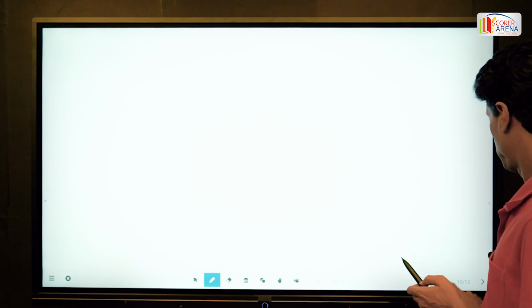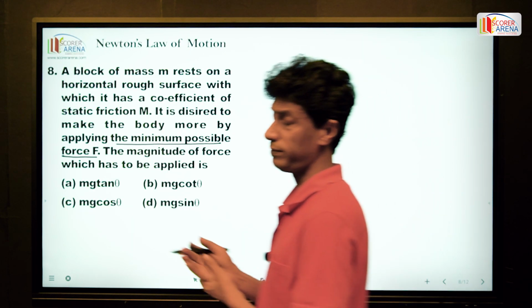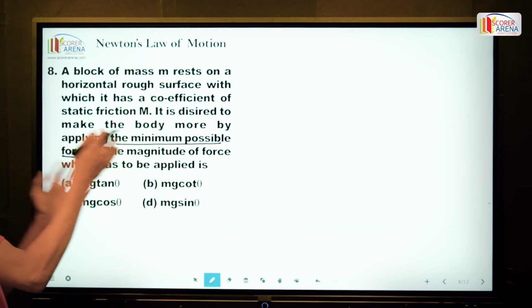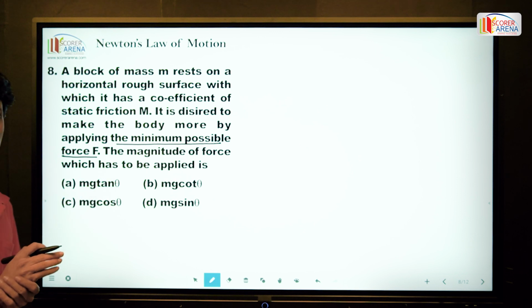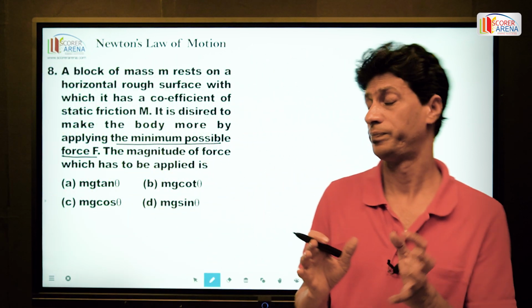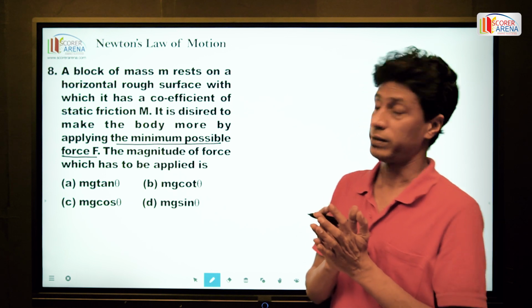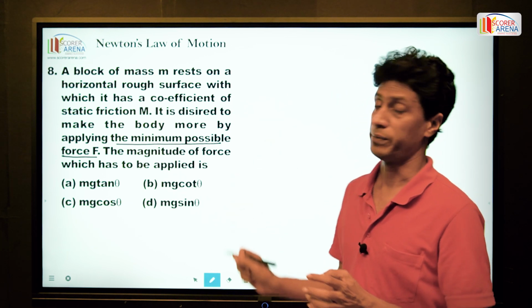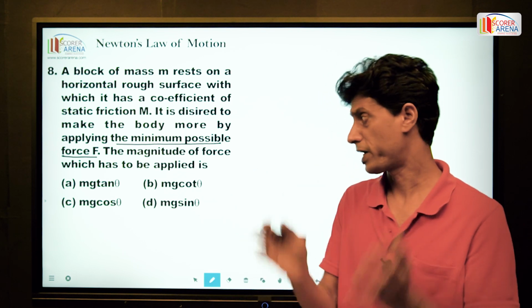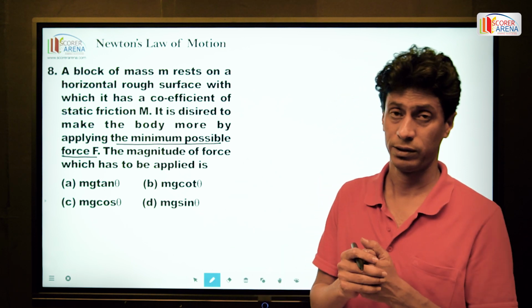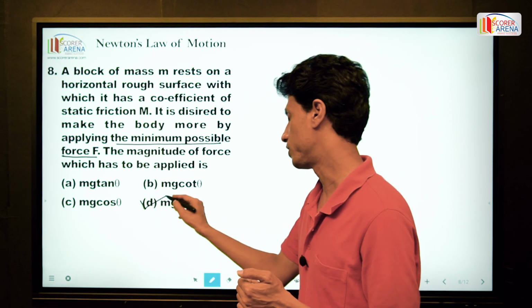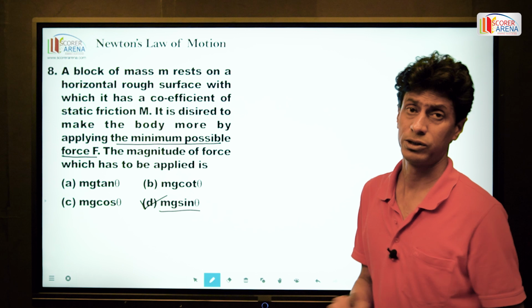So after this illustration of the pulling and pushing cases, all the time keep this concept and apply it directly in this problem or any problem in competitive examinations. The minimum possible effort to pull the body is always mg sin theta. So our next problem.